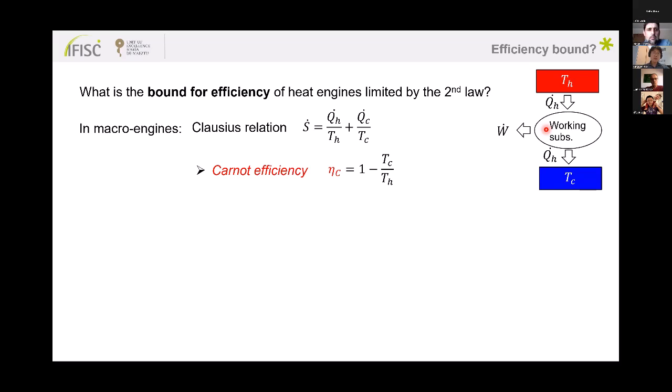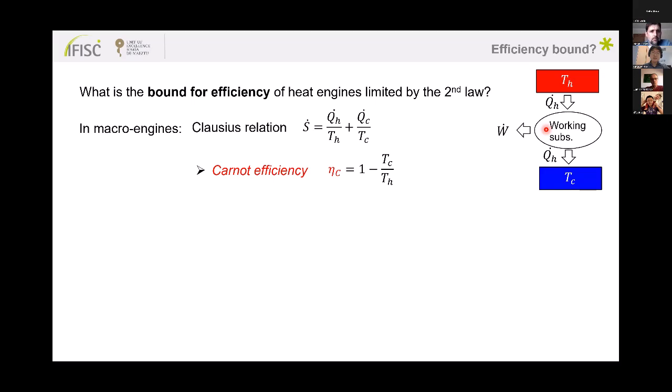So at macroscopic scales, engines satisfy the Clausius relation. Here the entropy production over a period is determined by the summation of the heat going into each reservoir divided by their temperature, because the working substance is always near equilibrium.